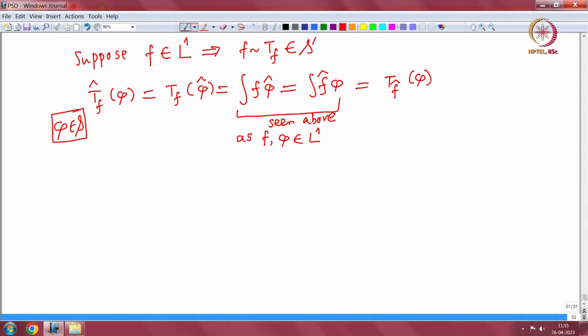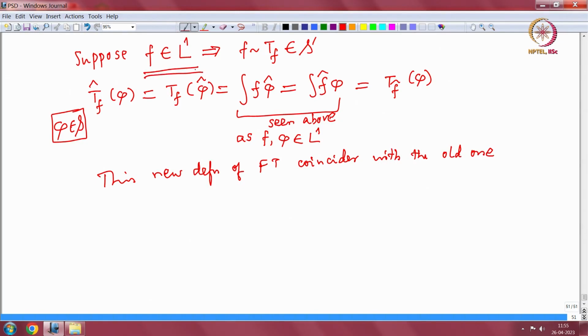So, that implies this new definition of the Fourier transform coincides with the old one as far as L1 functions are concerned.